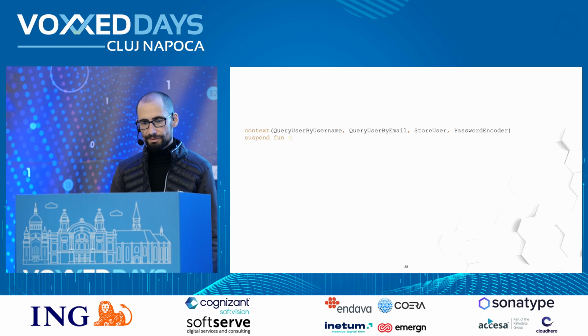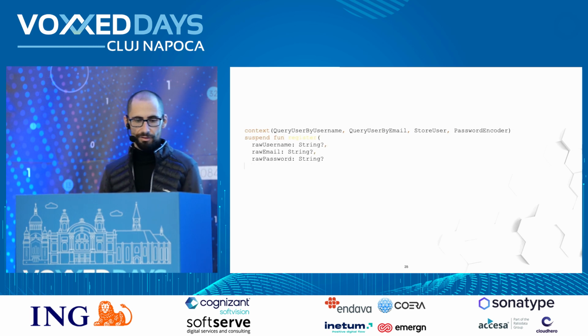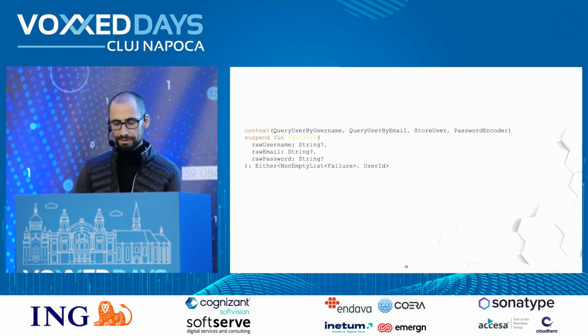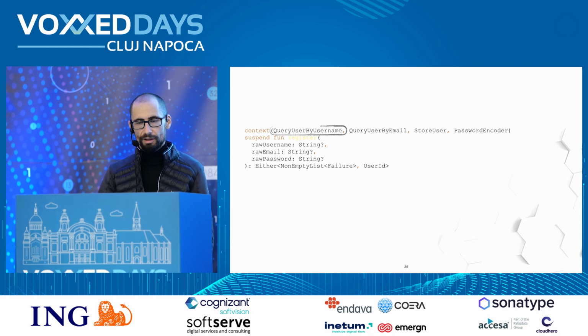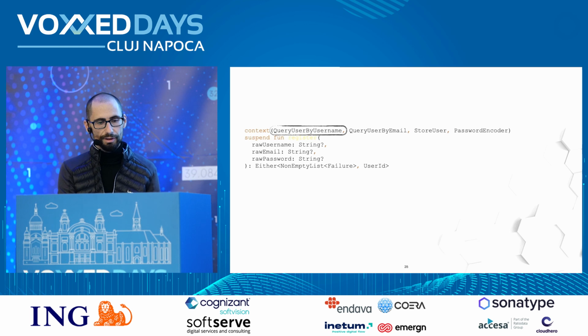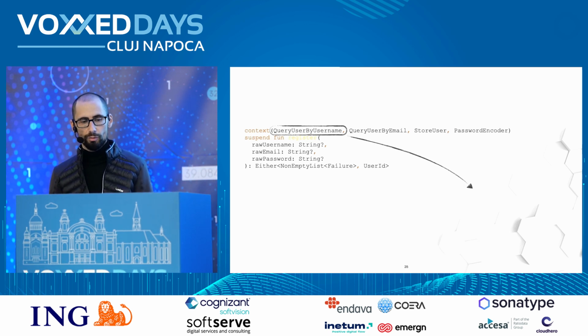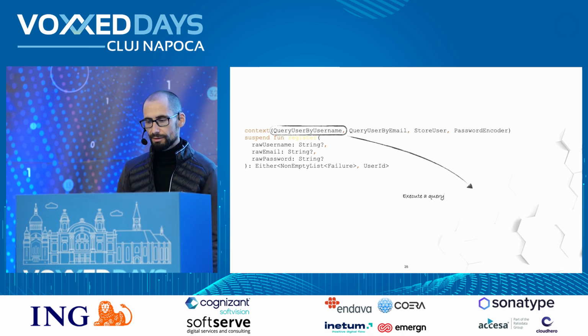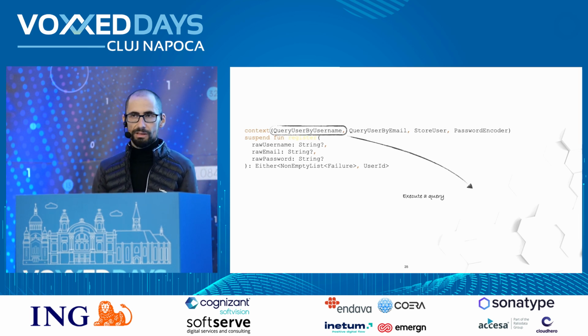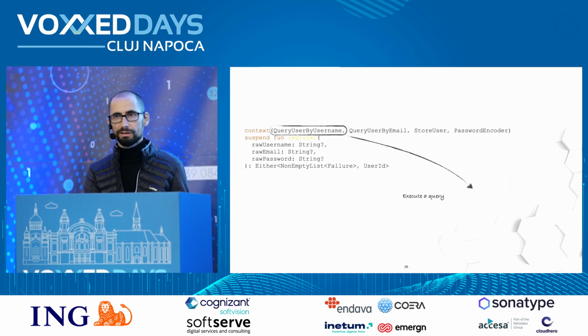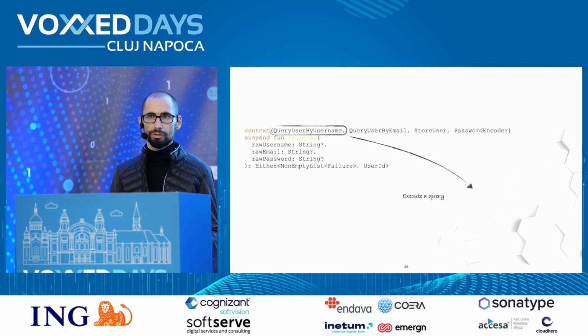So let's revisit our register function, now that it is using context receivers. We see that the first type that we need to bring into context is query user by username. This is obviously going to execute a query to a database. It doesn't matter. Since we are using Spring, we want to take advantage as much as possible of the Spring framework. We don't want to fight it.